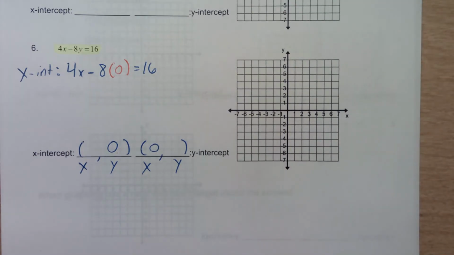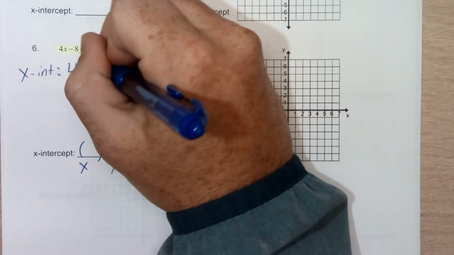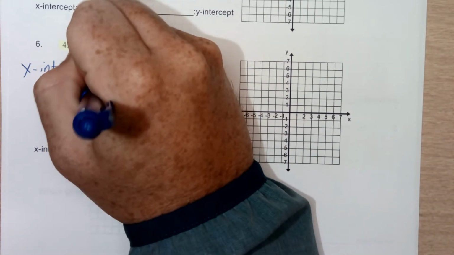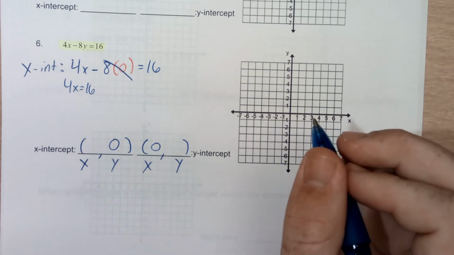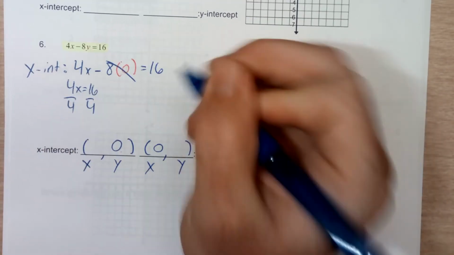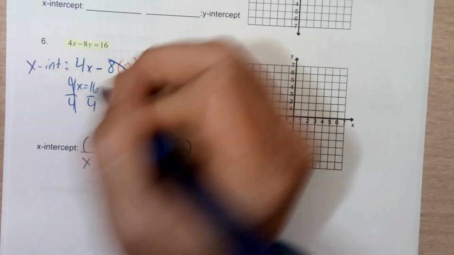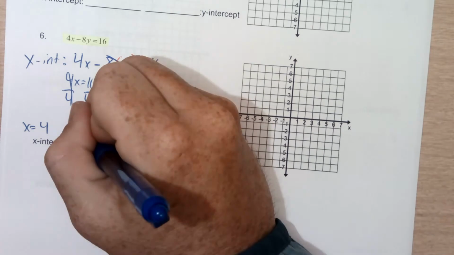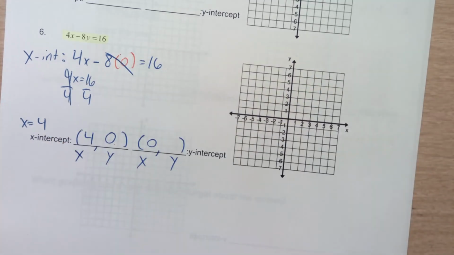Okay, now I solve this equation, and that will give me my x-intercept. Okay, so 8 minus 0 is 0, so I get 4x equals 16. That 4 is multiplying my x, so I know I need to divide both sides by 4, and I get x equals 4. Okay, so I know that my x-coordinate for my x-intercept is 4, 0.